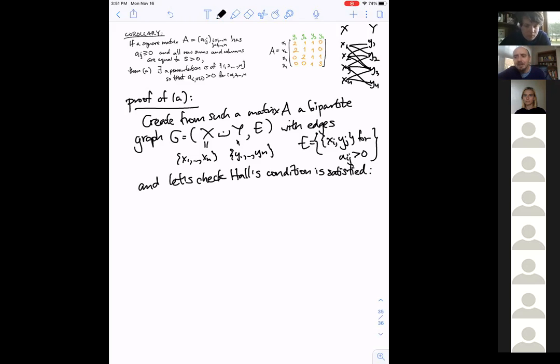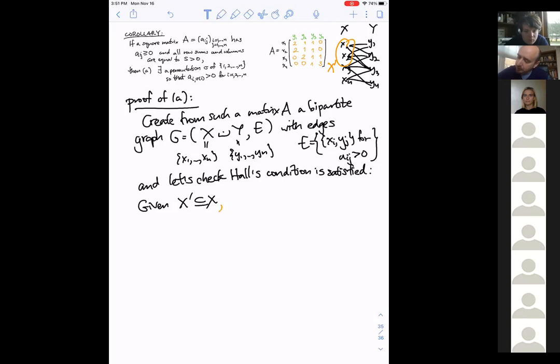Okay. And so given a subset of the left side, you just pick some arbitrary X prime over there, I'm going to convince you that the number of neighbors on the right side, N of X prime, is at least the size of X prime.